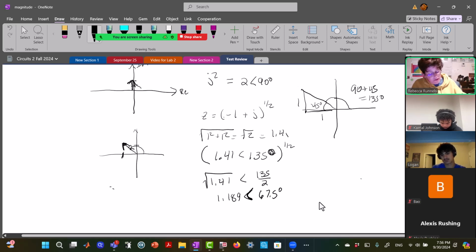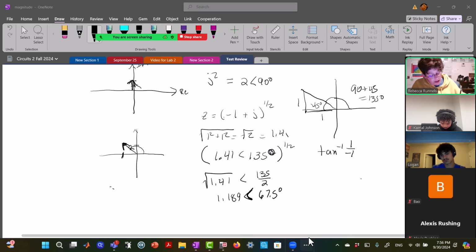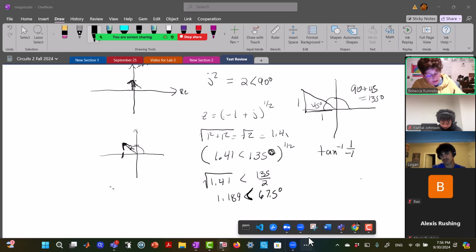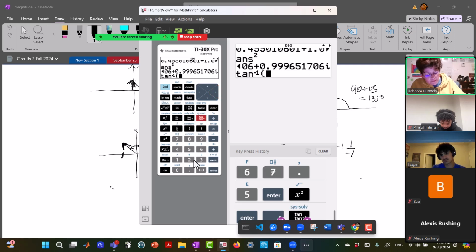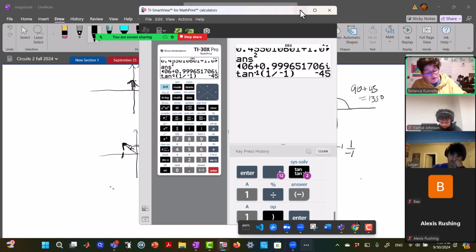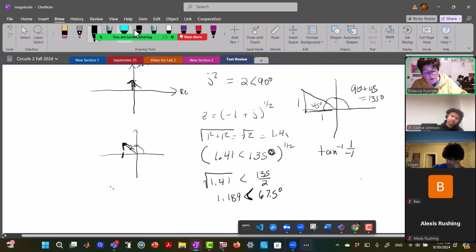But if I did inverse tangent of 1 divided by -1, let's see what happens. It gives me -45 degrees. And that's not what I want because -45 degrees is down here.